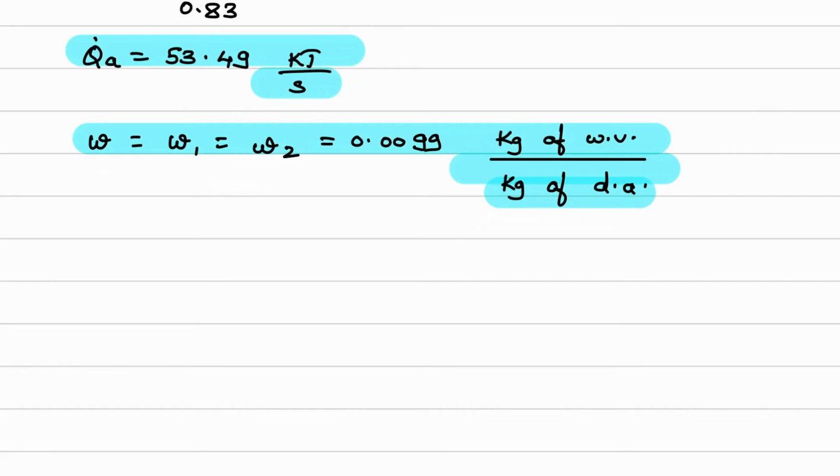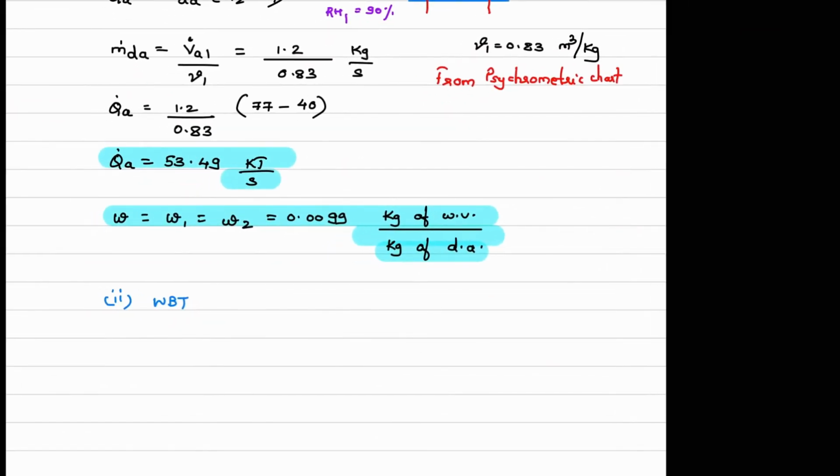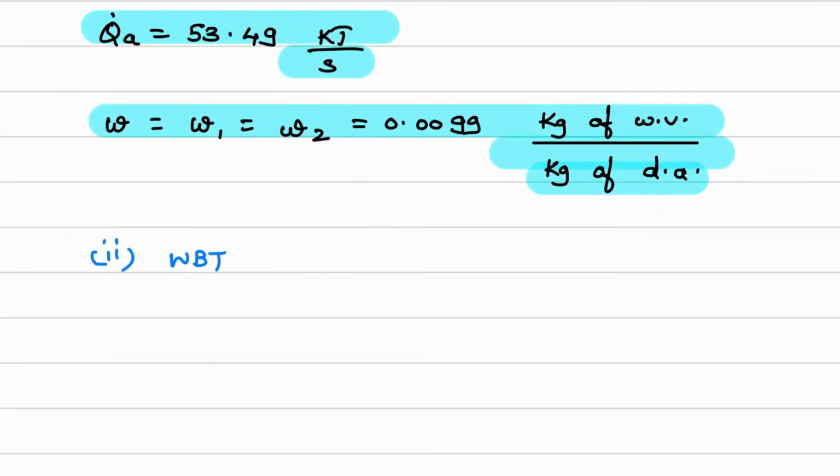Okay, so the second question is about wet bulb temperature. I have read the values of wet bulb temperature. TW1 is 14.1 degrees Celsius and TW2 is 25.1 degrees Celsius.